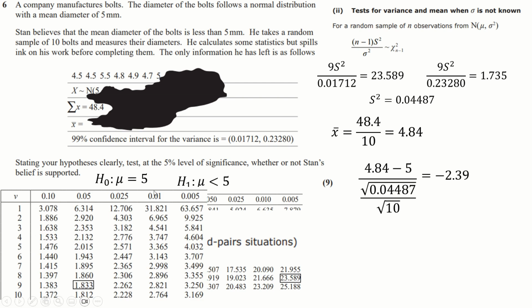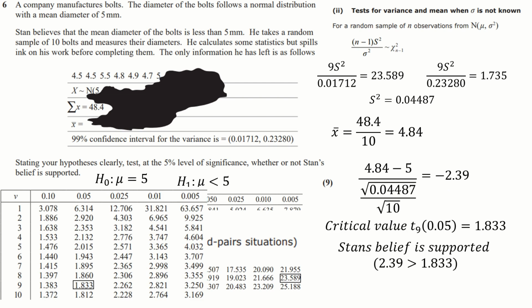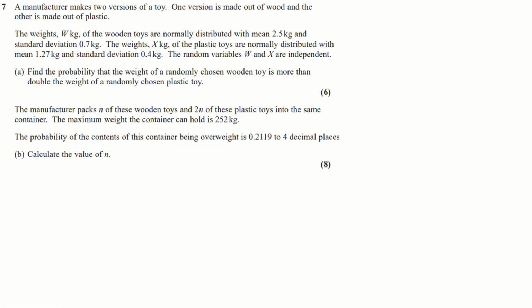Then we're going to compare that against the t-distribution, which I've already got out here, of degrees of freedom 9, 0.05, because it's a one-tailed test this time. The size of this value is bigger than the size of this value, and therefore it's outside of the critical region. Sorry, it's inside the critical region. So Stan's belief is supported: the evidence, putting it in context, is that the mean diameter is less than 5. Quite a difficult question, I thought, but yeah, cool.